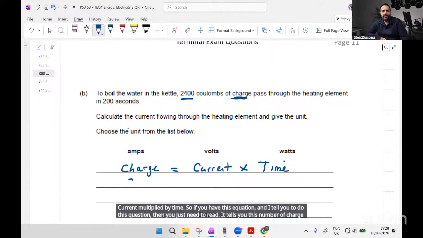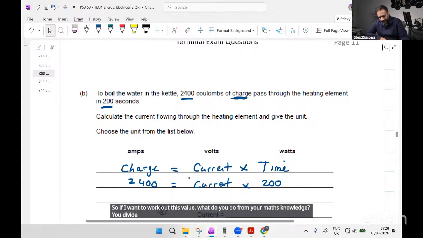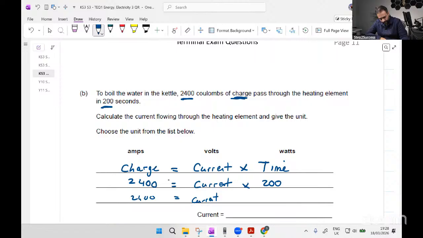The charge is 2,400, equals current, which we don't know and are going to work out, multiplied by time. What's the time in this question? 200 seconds. So to work out this value, from your maths knowledge, you divide this by that, and you should get 12.